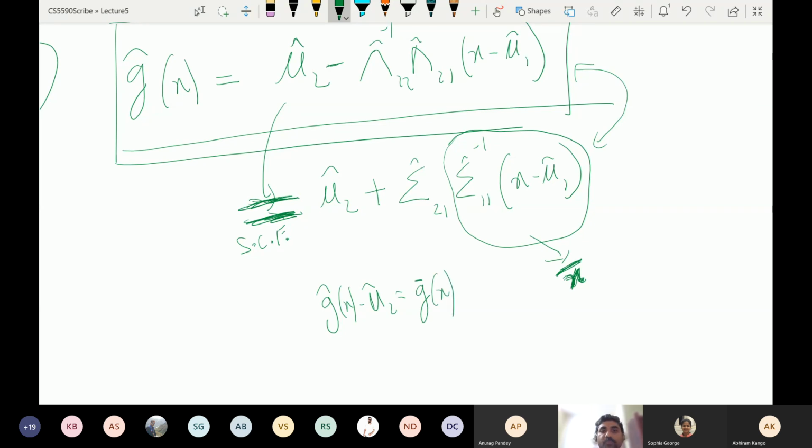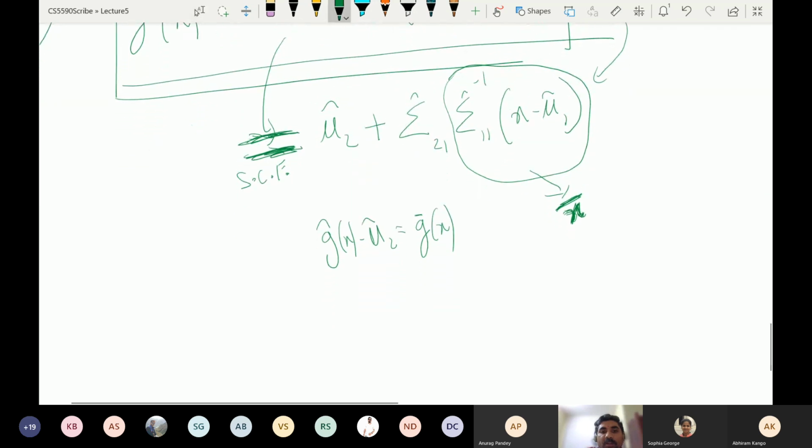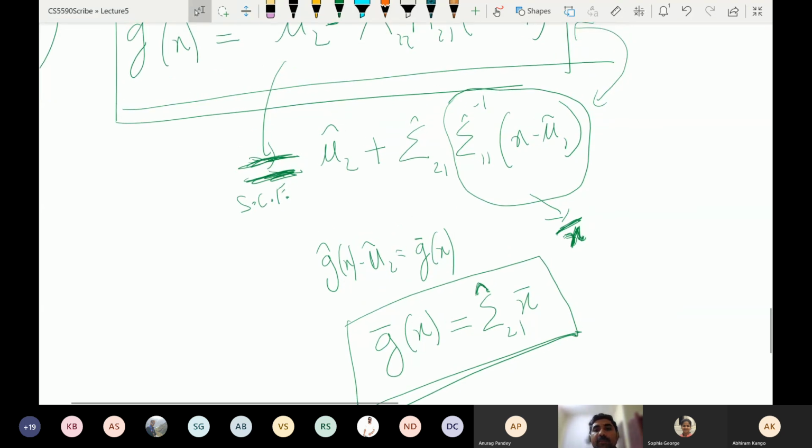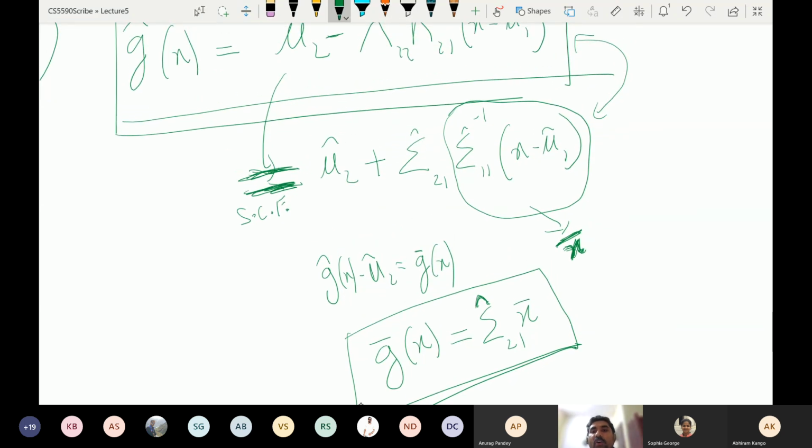Then how is this formula looking? This is just a notation, but that notation has a meaning, so I'll tell you. So g bar of x is equal to this into x bar. That's what the equation is, right? Now let's understand what x bar means. What is mu1 hat? It is the mean of the input vectors. What is sigma 11? It is the covariance of the input vectors, correct?